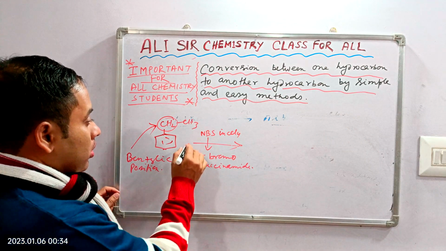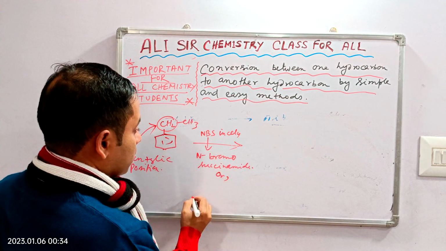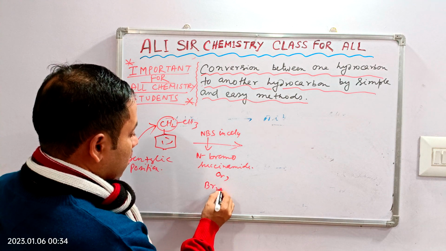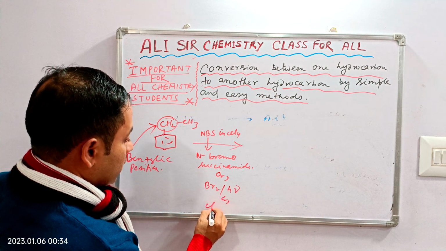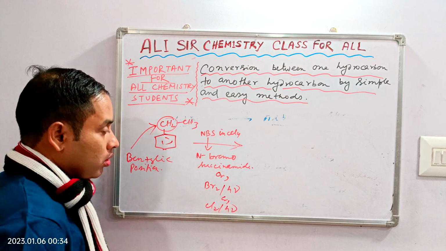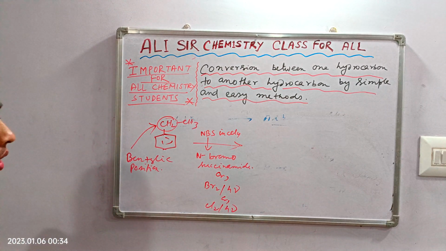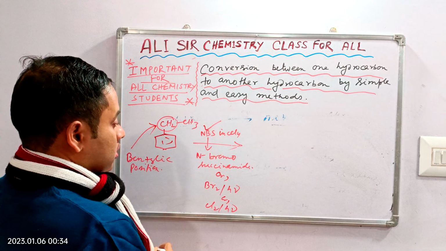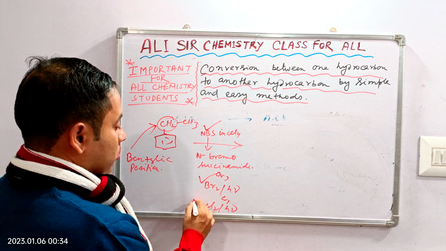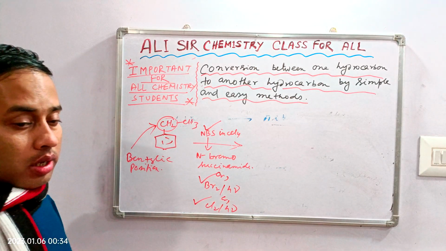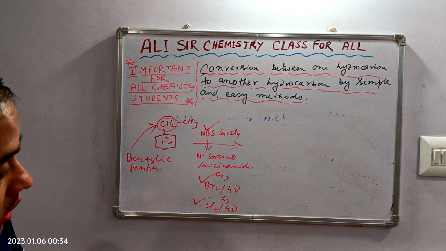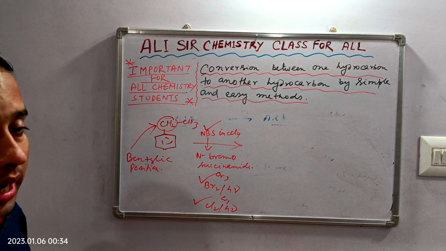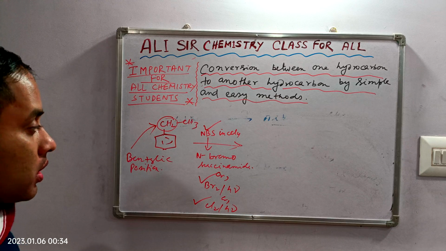N-bromosuccinimide, or you can use bromine in presence of hv, or chlorine in presence of hv. NBS, CCl4, bromine hv, chlorine hv, all are specific reagents for the halogenation of benzylic and allylic positions.